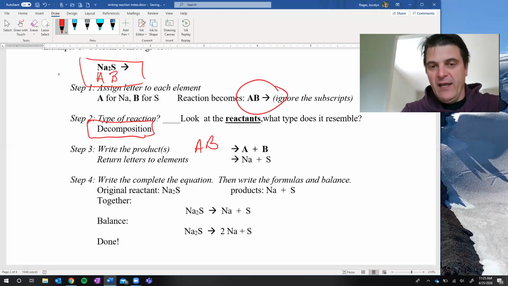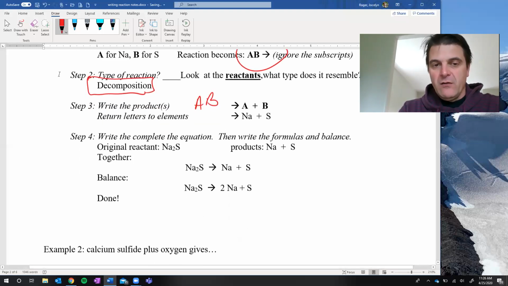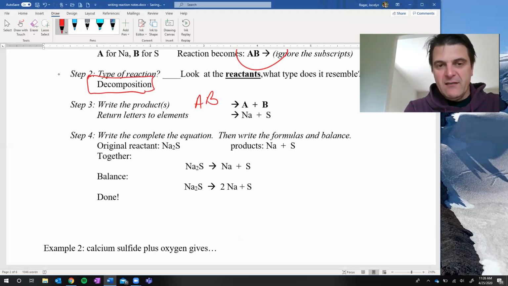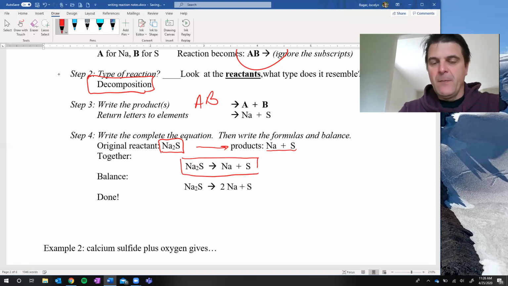Get your A and replace it with the Na, which is what it was, and the B with sulfur. So we have the original reactant given to us in the problem, and now we figured out what the products are. So we put it back together, right? Na2S gives Na plus S.